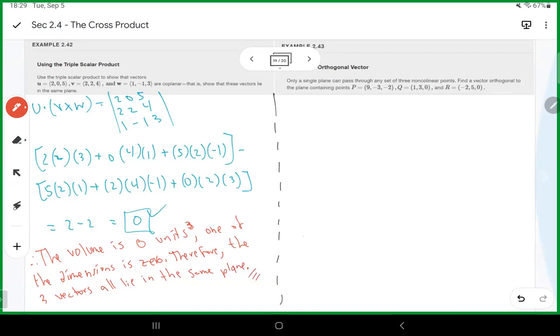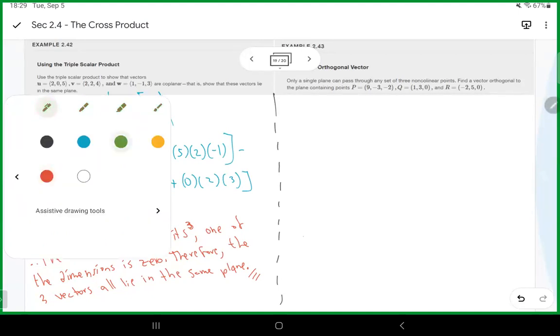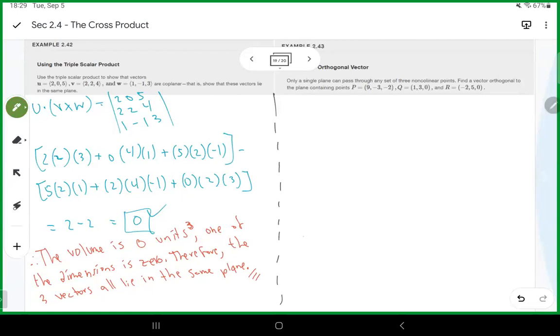So, if you guys wouldn't have been able to jump to the vectors being in the same plane, would you at least have been able to ask, how do we have a volume of 0? So hopefully you all would have gotten to that. Feeling pumped. Feeling like we can probably get this done, the 2 sections.